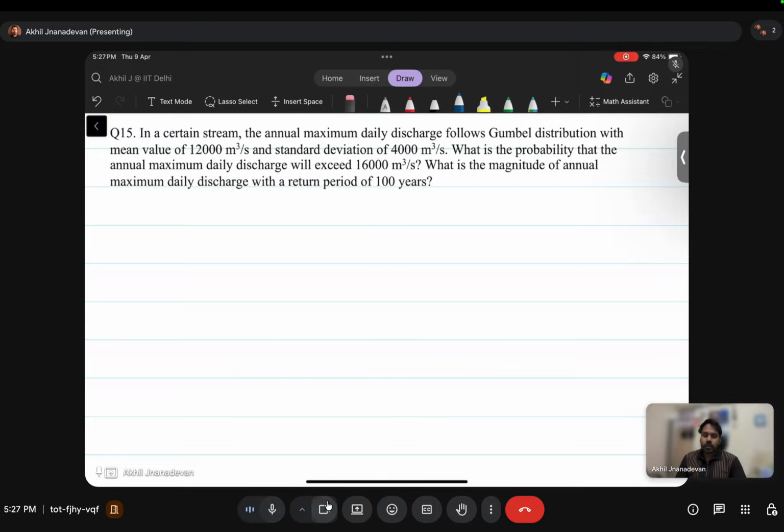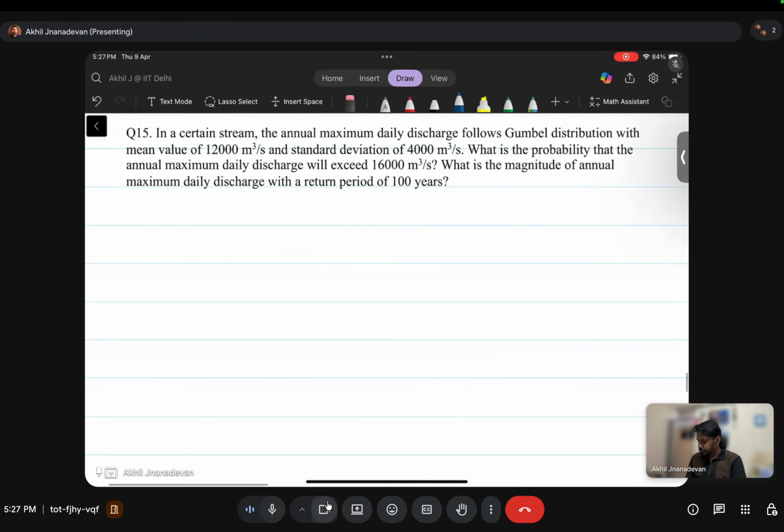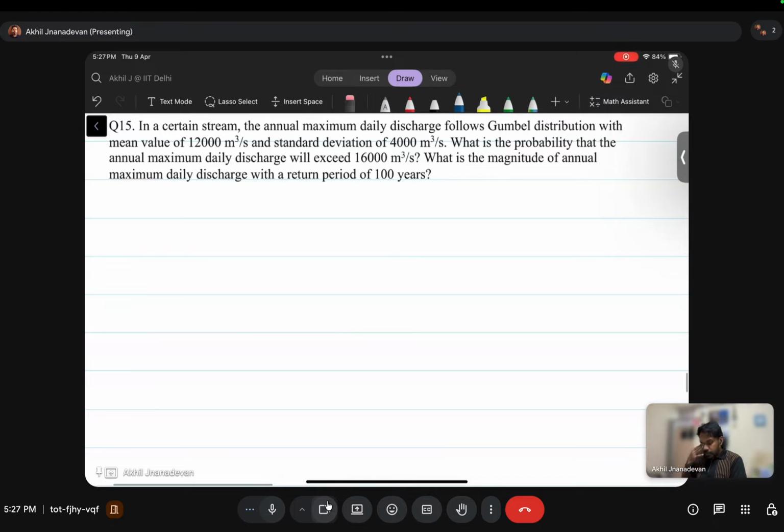So we can start with the extreme value distributions, that is the Gumbel distribution.